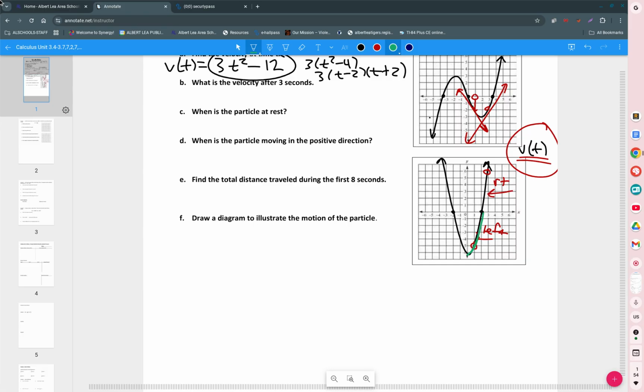That corresponds with this section of the graph. You guys all told me that the velocity was negative there, right? That corresponds with that section right there. As I move past it, that blue section corresponds to this section right there. That's where the slope is positive, so this is above the x-axis.